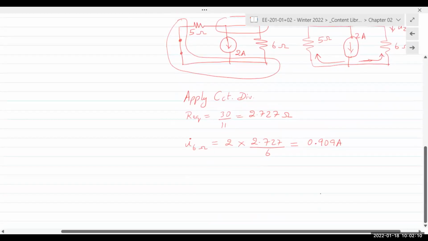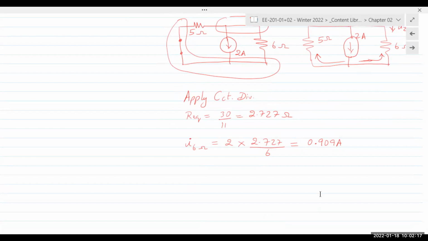But wait, we are not yet done. We have to sum them up, right? Because we divided into 2 parts. And this goes back to the point that was asked a few minutes earlier. The polarity of that current, the direction of the current is coming from the top. The 6 ohm resistor current that we just found is actually going up, not down. So it's the actual opposite polarity.